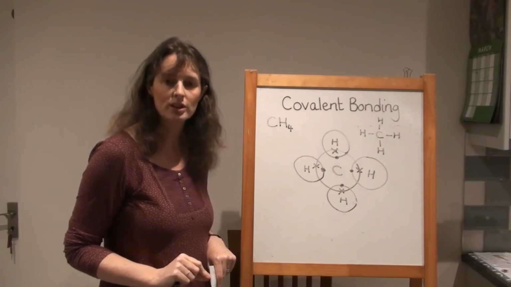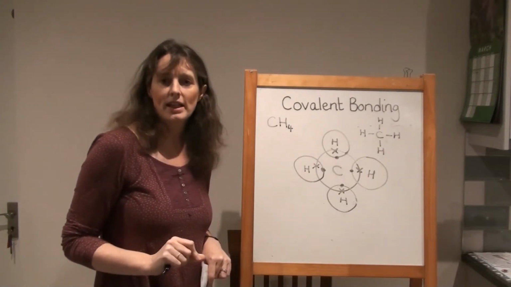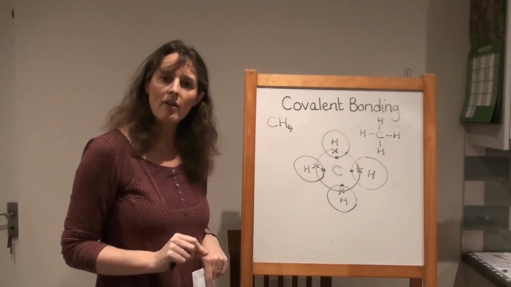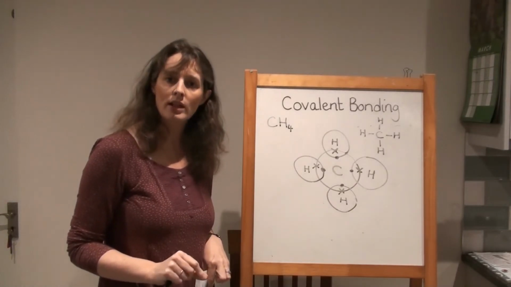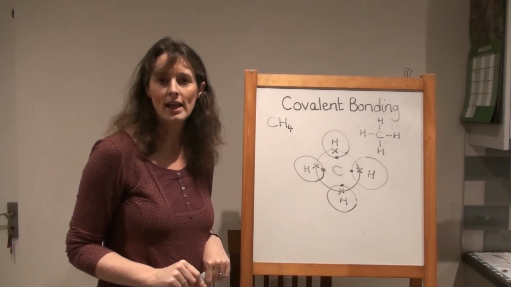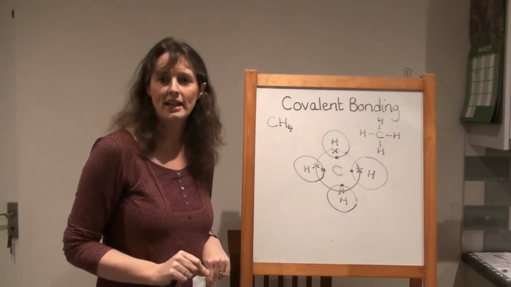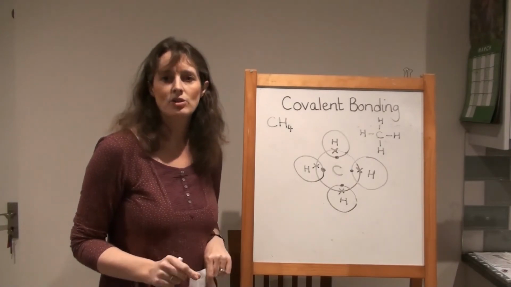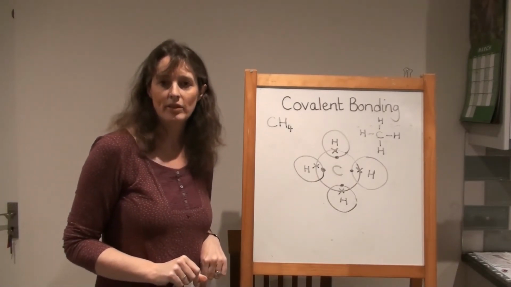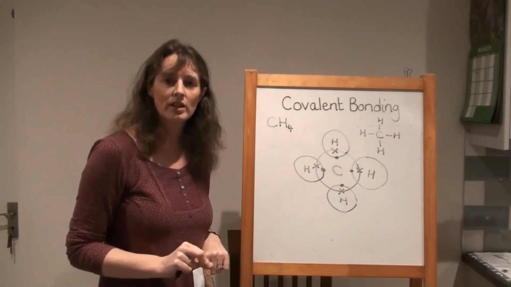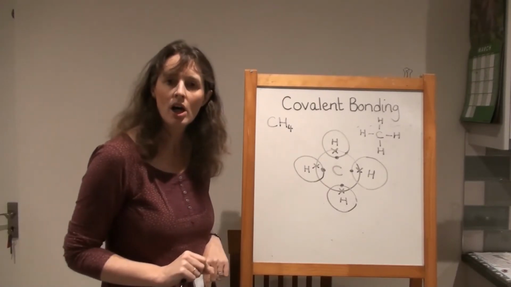Now if you think about it, in the periodic table there are other elements that only require one more electron. Where are they? That's right, they're in group 7. So group 7 has something in common with our hydrogen here.